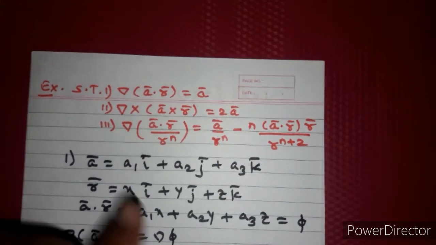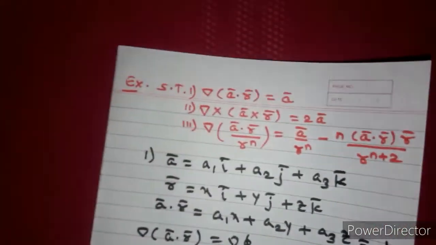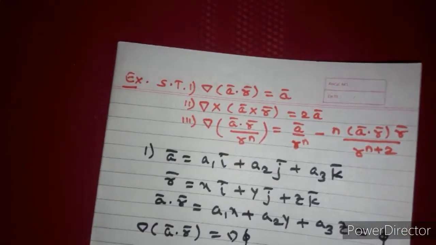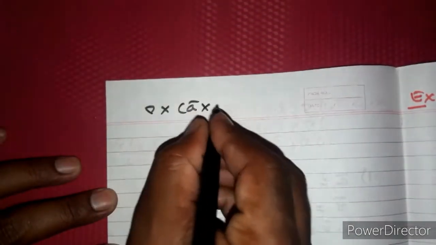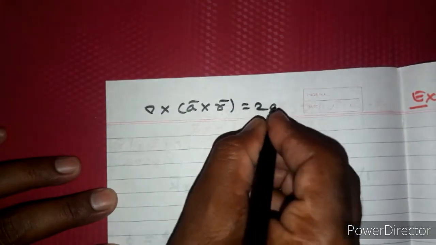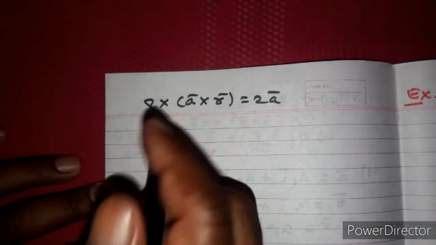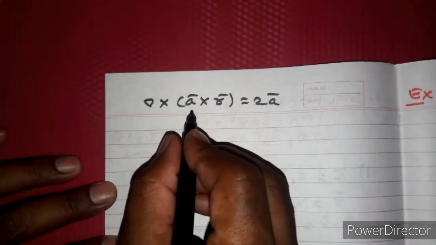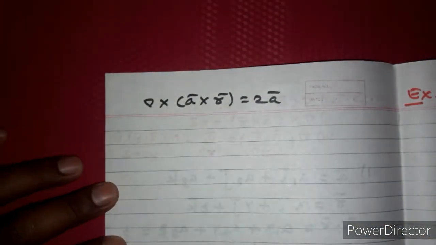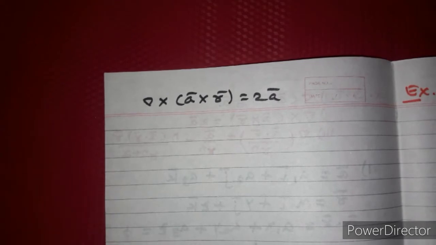Now let us prove the second one: del cross a bar cross r bar is equal to 2a bar. Using our vector identities, we have to prove that it is 2a bar.